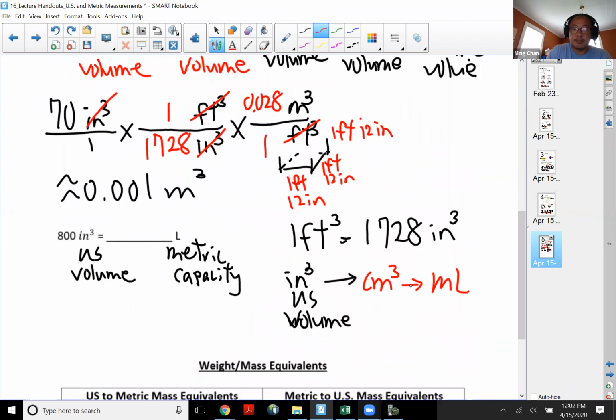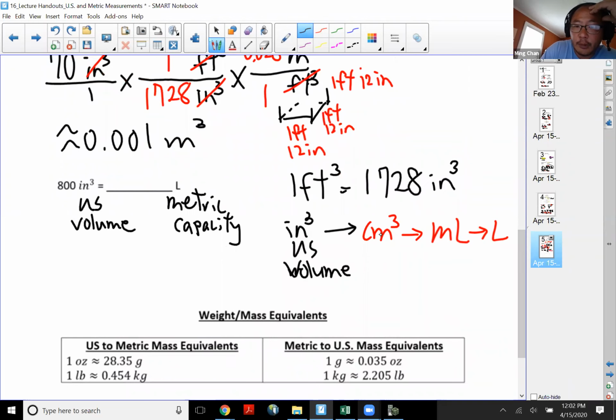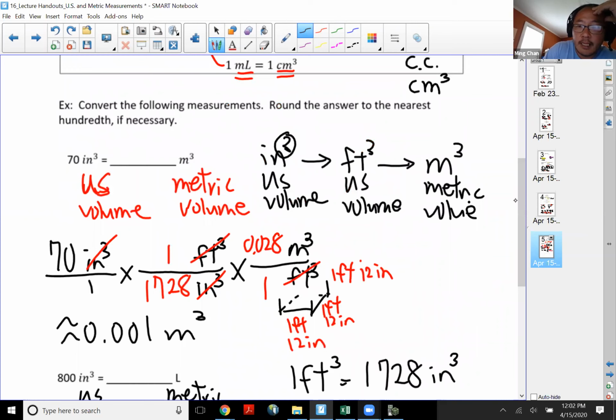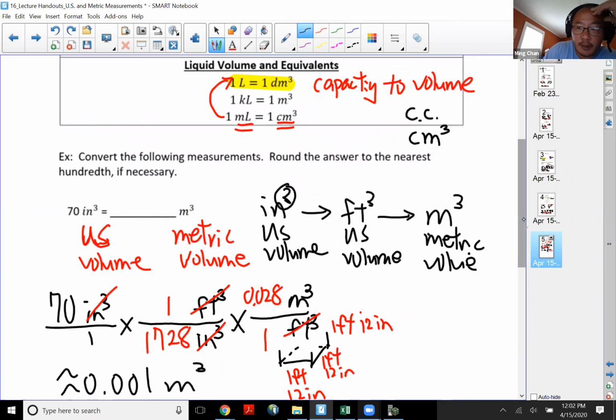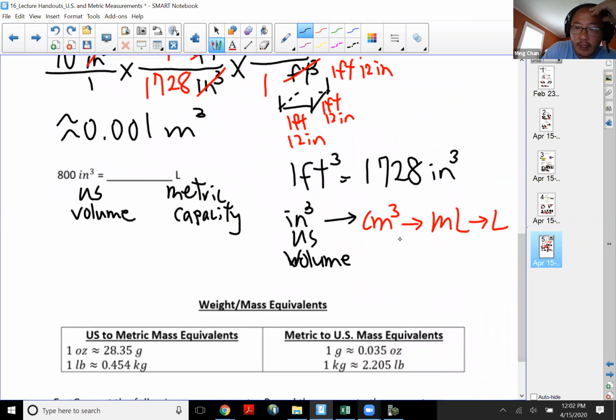That's my jump between volume and capacity, and then go to that. All right, so it's not that bad. Trust me. What's the ratio between cubic centimeter and milliliter? It's a what? 1-to-1 ratio. So from here to here is a 1-to-1 ratio.